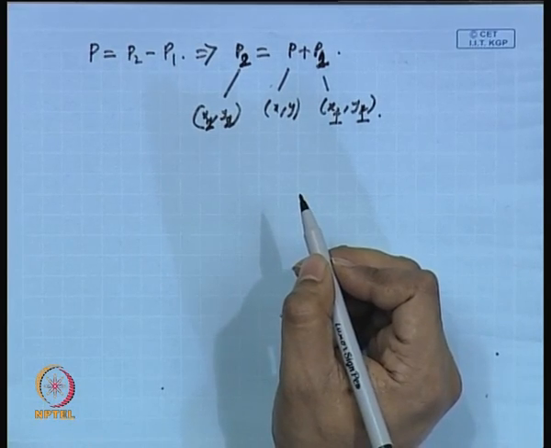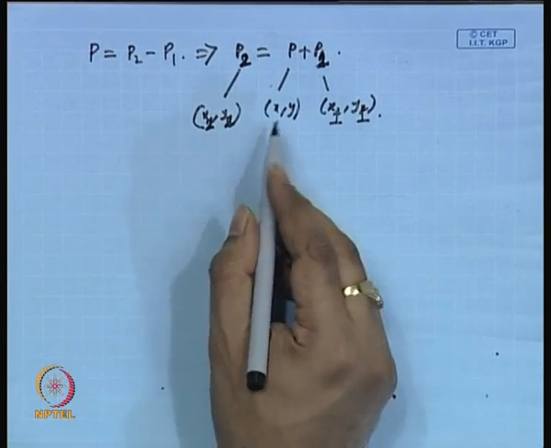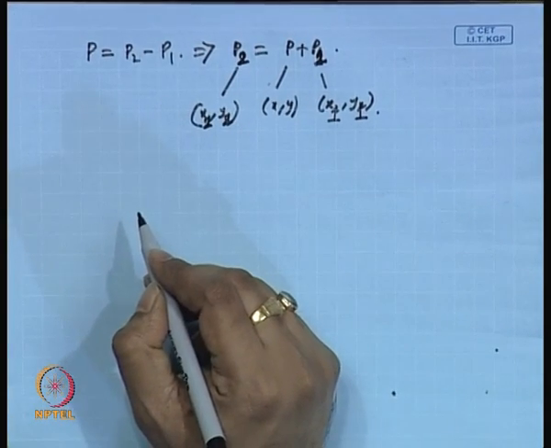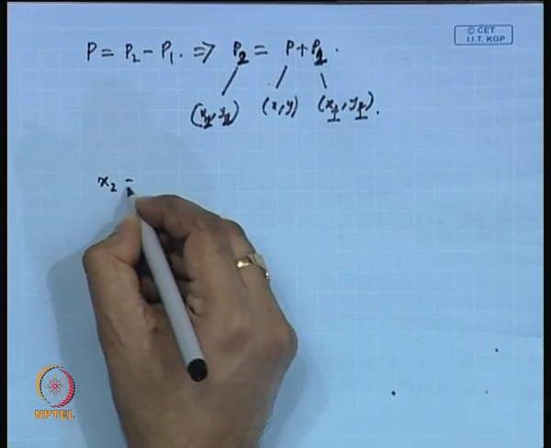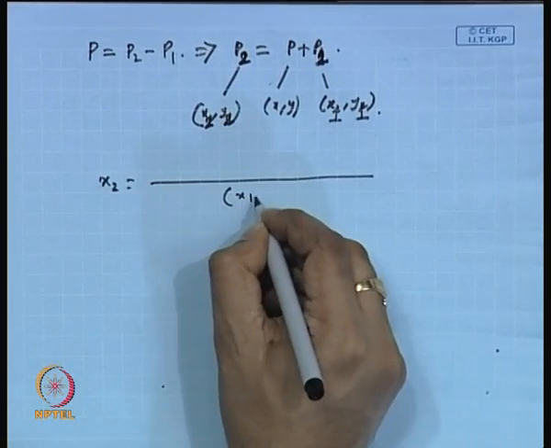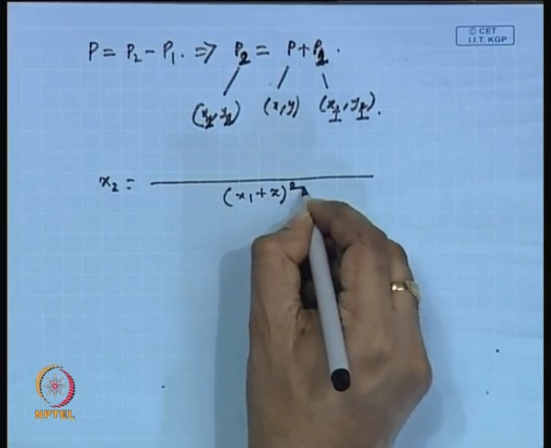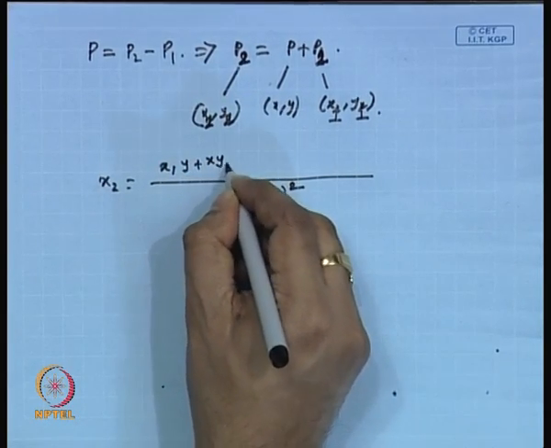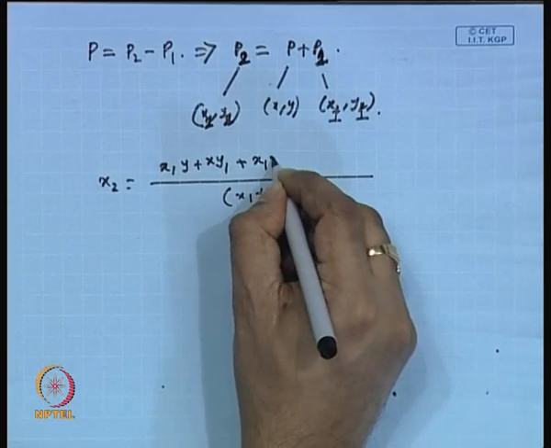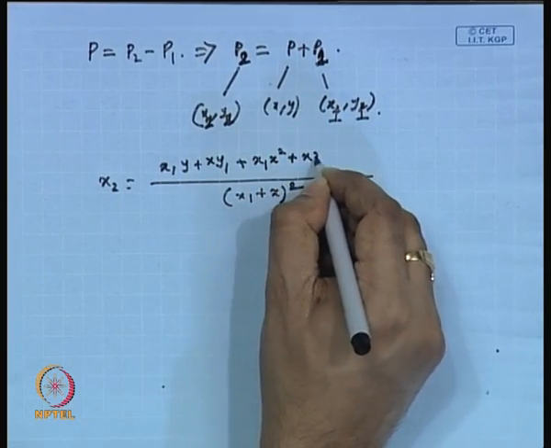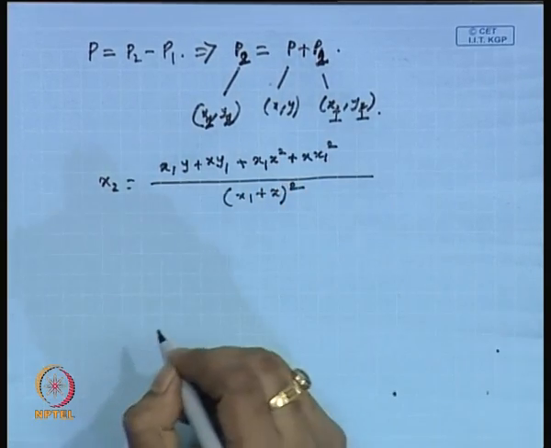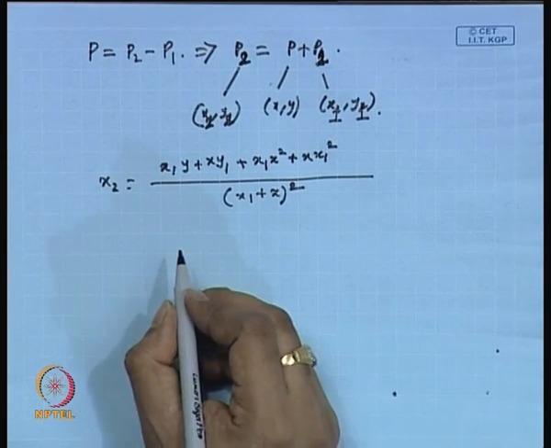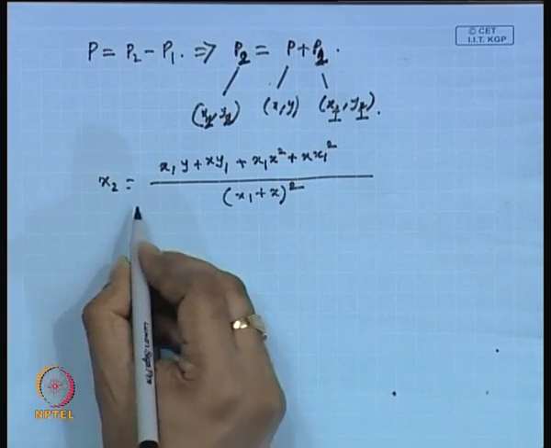right. So, that means you can use the previous result here to express x 2. So, your x 2 is actually equal to x 1 plus x whole square and you have got x 1 y plus x y 1 plus x 1 x square plus x 1 square in the numerator. Okay. So, this is your x 2.